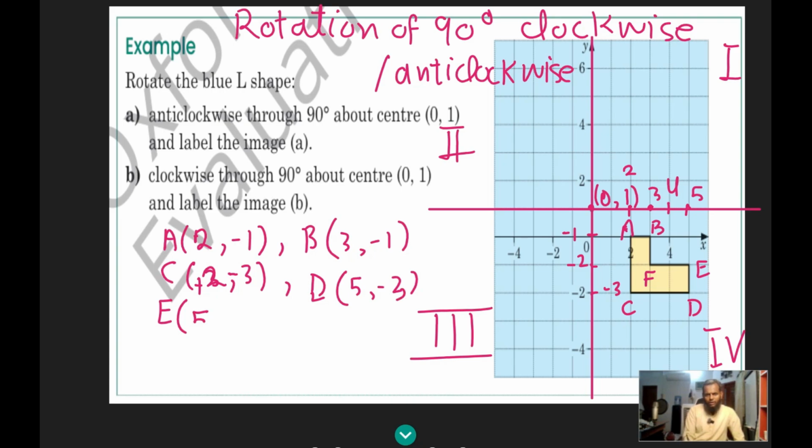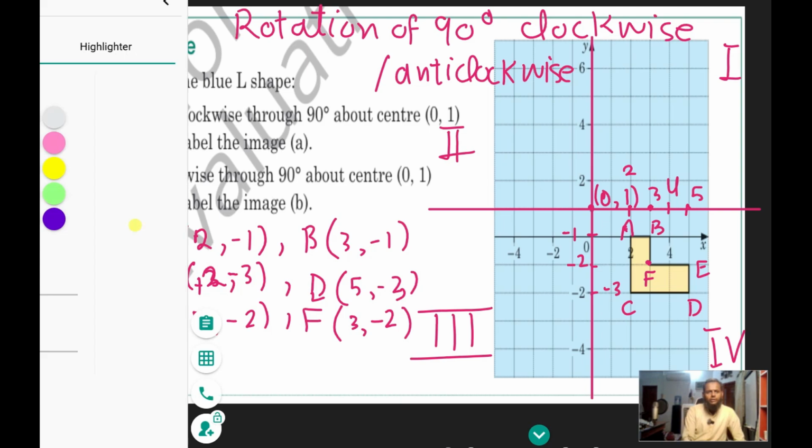Okay, and E coordinates are 5, -2. And what are F coordinates? F is here is 3, -2.